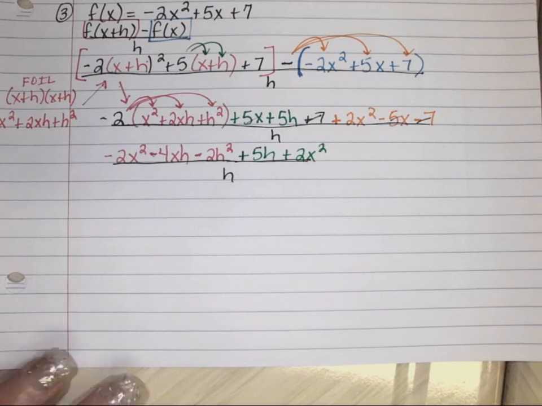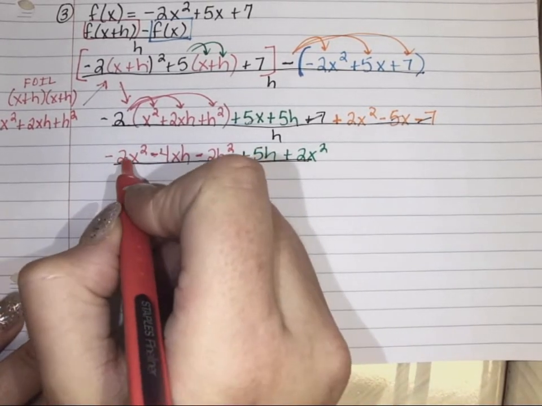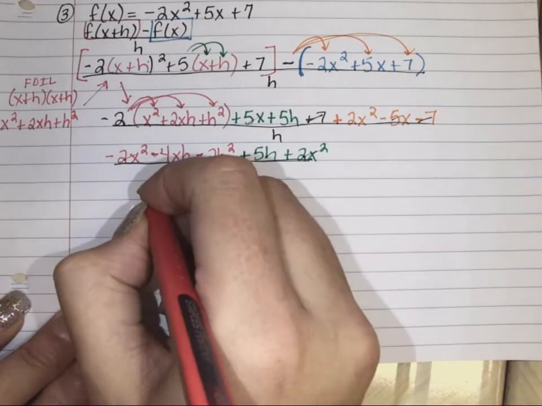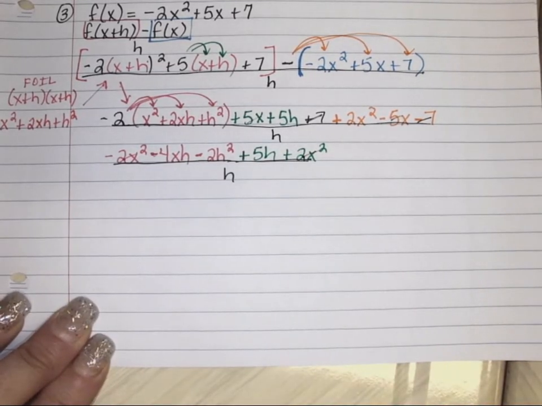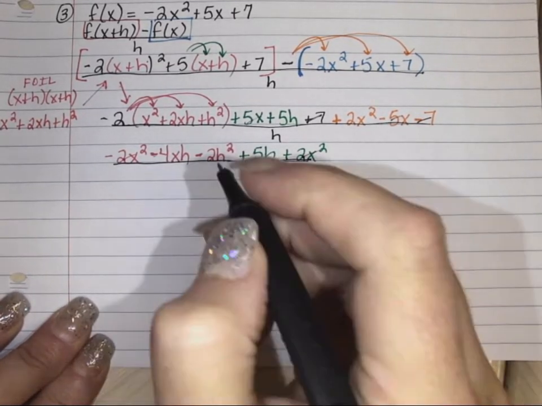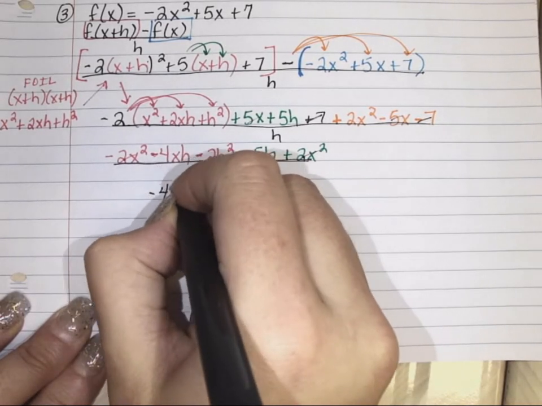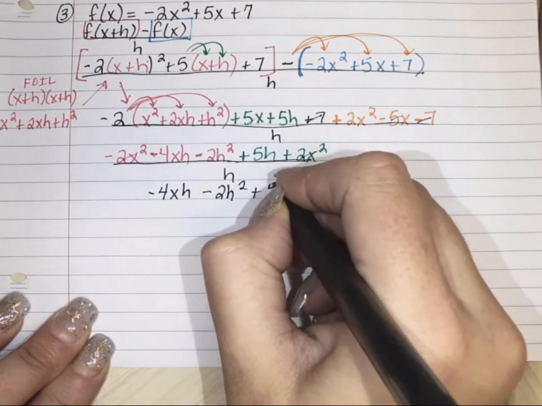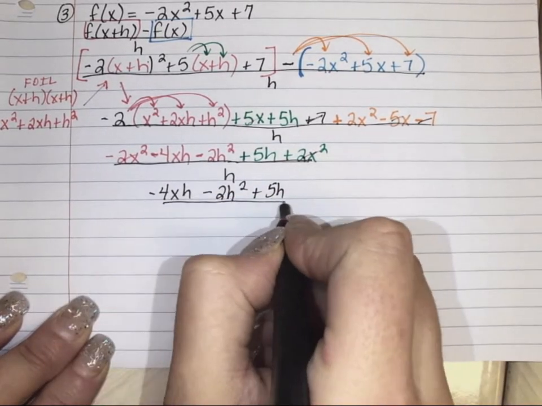Combine like terms. Notice your 2x squareds will cancel off, and then we're left with negative 4xh minus 2h squared plus 5h all over h.